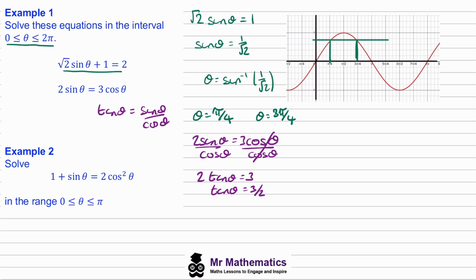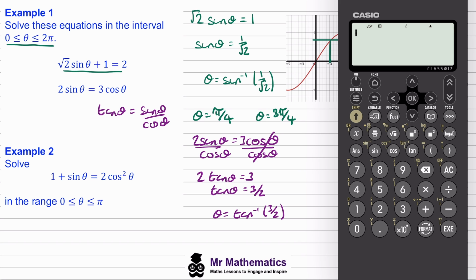And what do you think we need to do now to work out theta? So now we need to take the arctan of both sides, and we get the arctan of 3 over 2. And we can work this out on our calculators. We want the arctan, so shift and tan, of 3 divided by 2. And we get 0.983 to 3 decimal places.